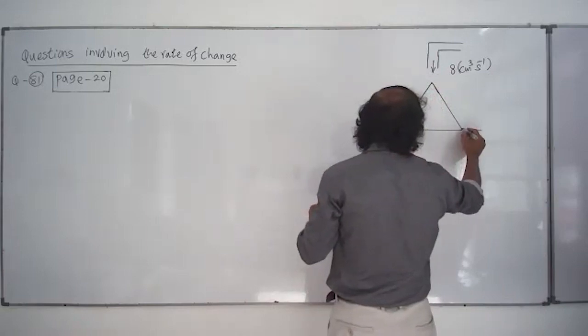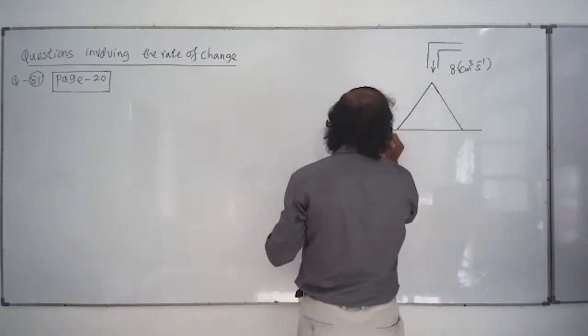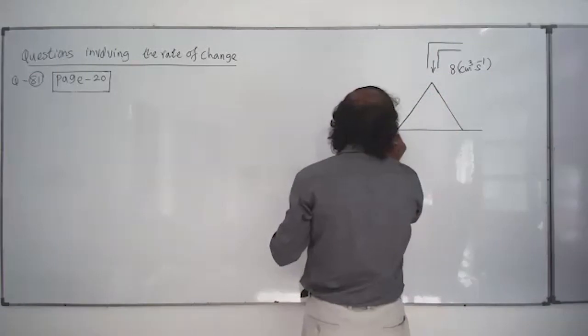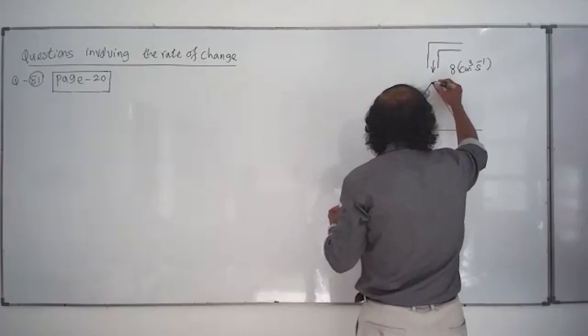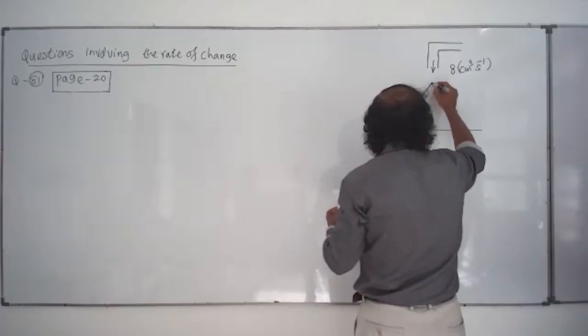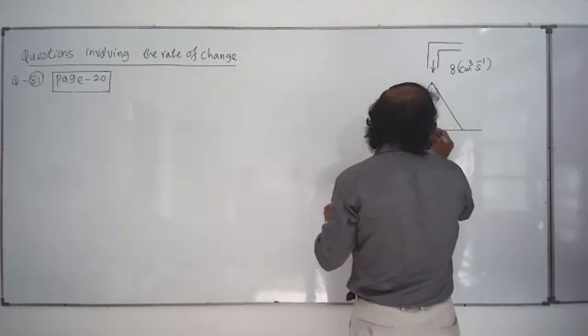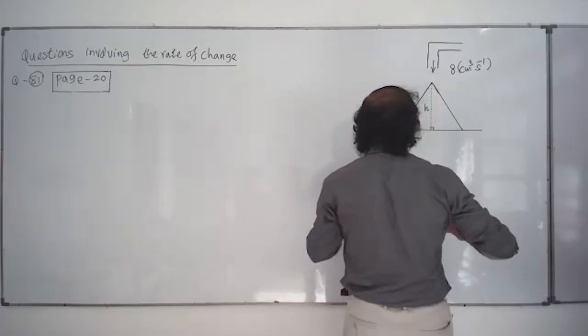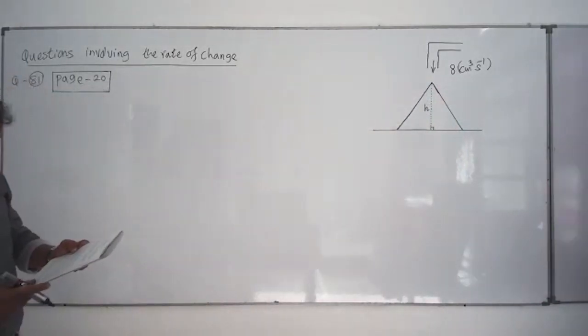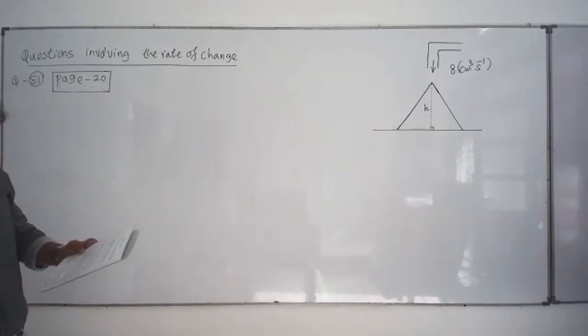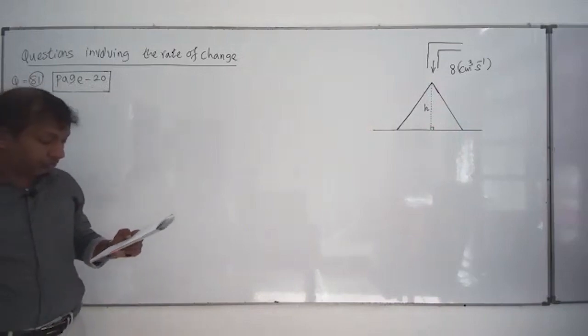In this case, this cone is such that if we take this height, this is perpendicular, if this height is h, people, base radius 1/4 of, right?